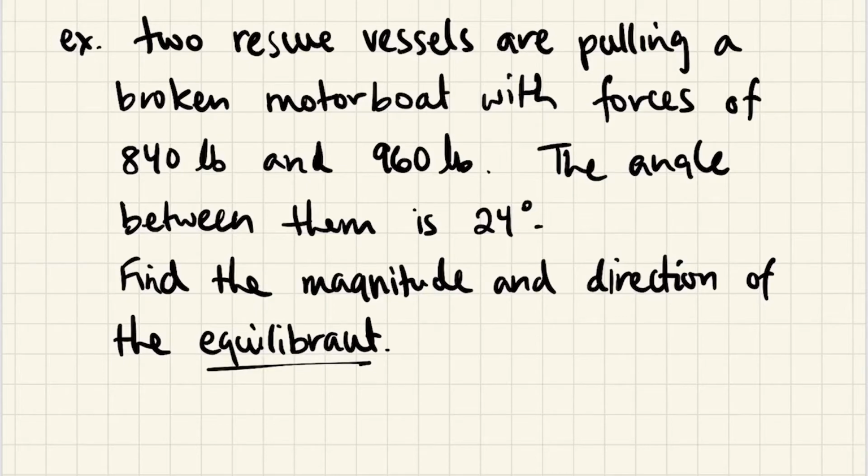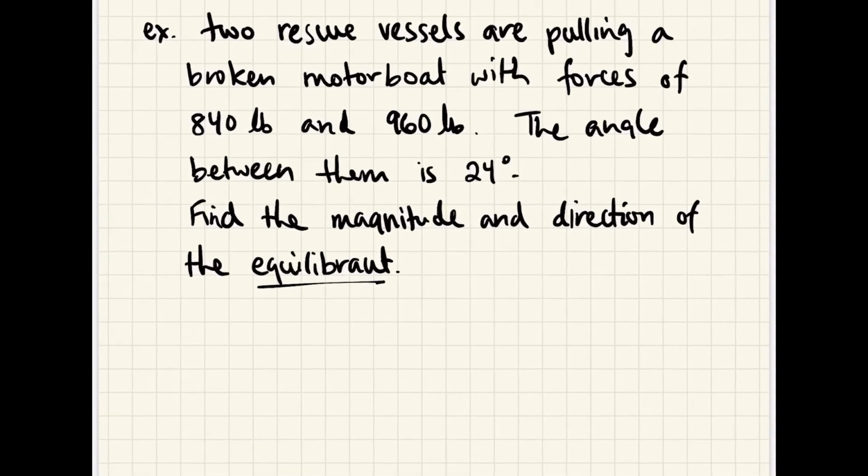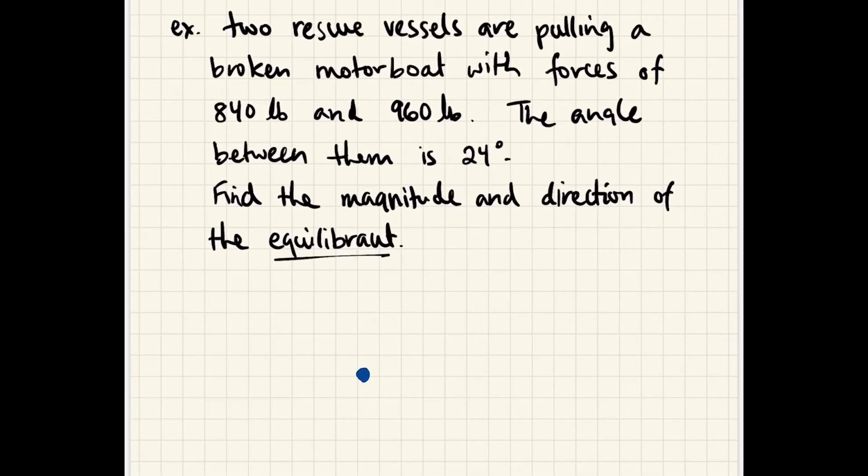So let's see what I mean by drawing a diagram. Let's say this is our boat that's being rescued, and let's suppose that first tugboat is pulling with a force of 960 pounds. So let's draw its vector, and we'll call that 960 pounds.